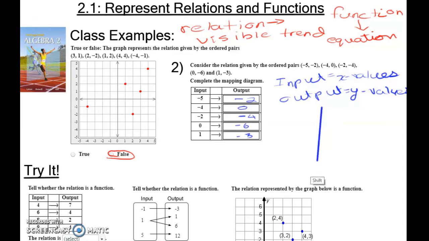It would look something like this. So if this was 5 comma negative 2, and then it would go to 4 comma 0. I'm going to do this in a different color, green. That'll be the first point. Right there will be the second point. But then it goes down there.